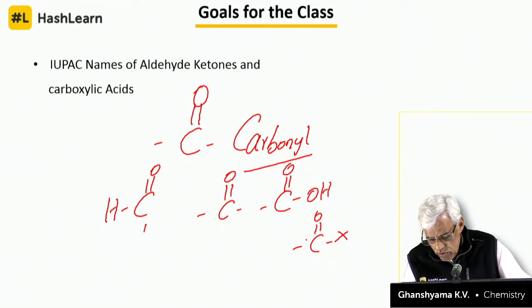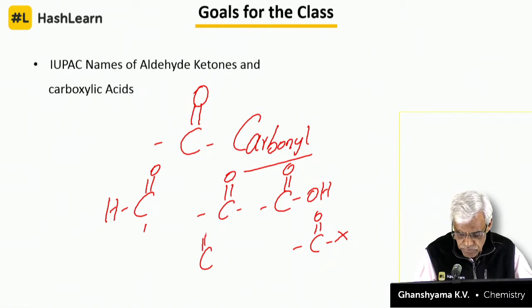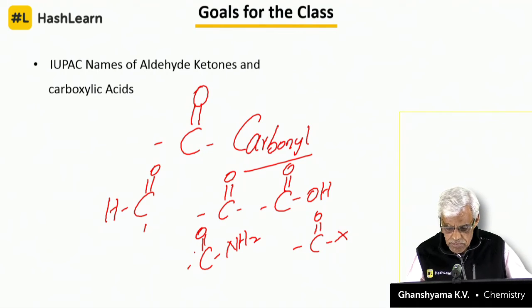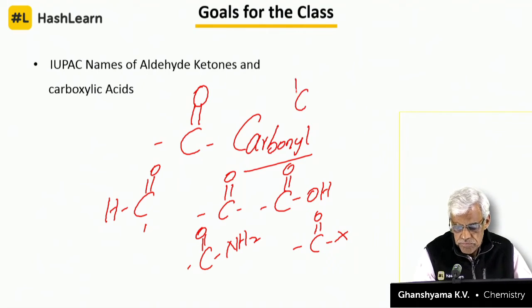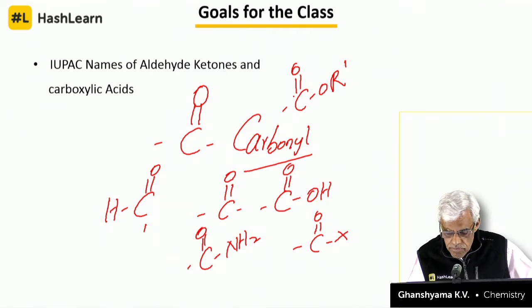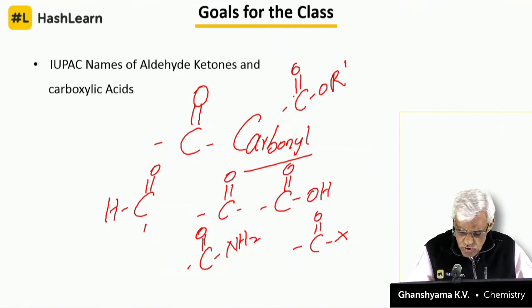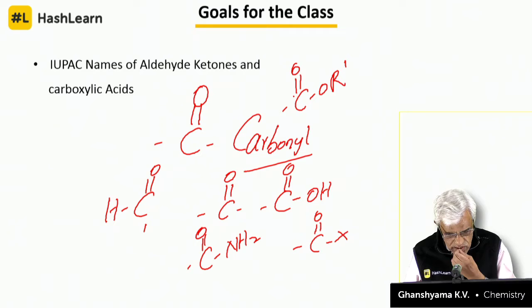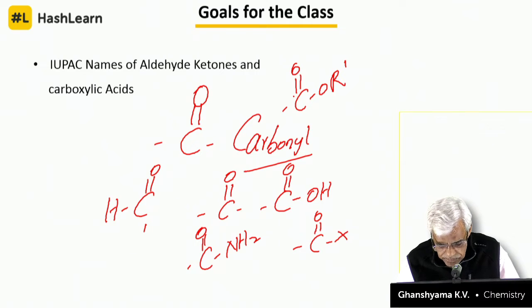Acid halides have the carbonyl group. Acid amides have the carbonyl group. Esters have the carbonyl group. So there are so many compounds having the carbonyl group.